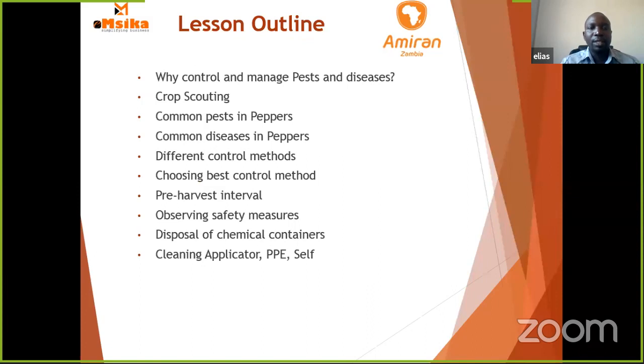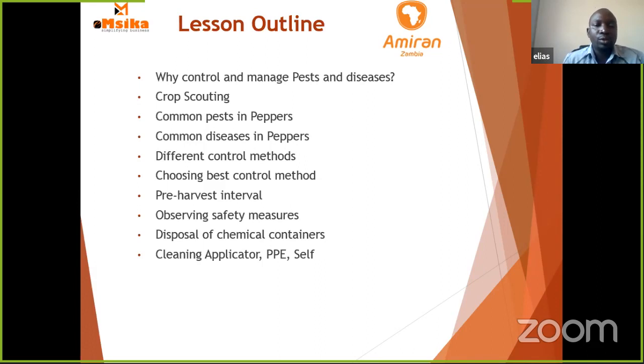Then this takes us to another aspect of the outline of our training today. So we'll start looking at why control and manage pests and diseases in our fields. Then crop scouting. Then we'll look at common pests in peppers. Then common diseases in peppers. Different control methods that can be used to tackle any pest that we find in peppers.